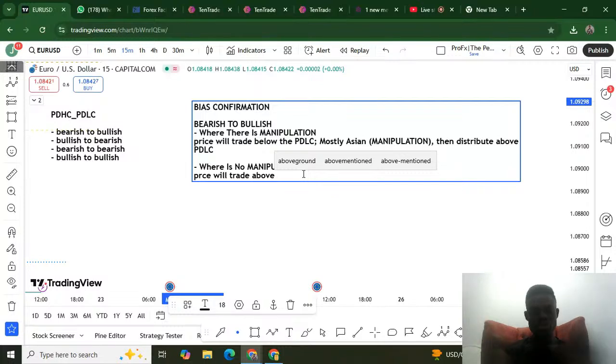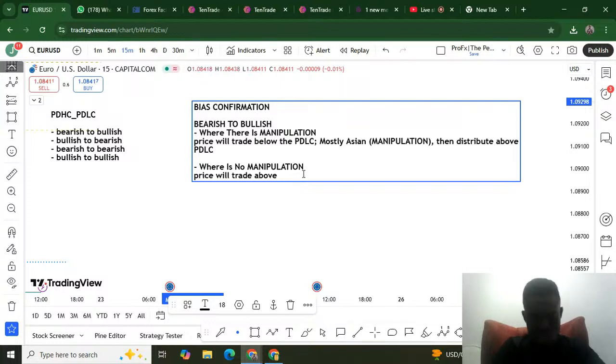There is no need for price trading below. Price will just start trading above. There won't be any manipulation. Okay, price will trade above the previous day low and close. Simple. Then continue distributing.